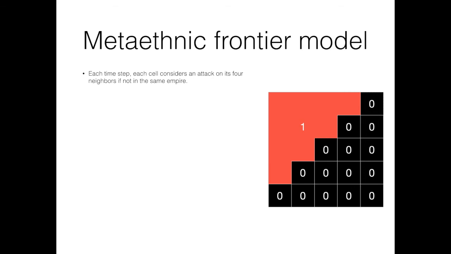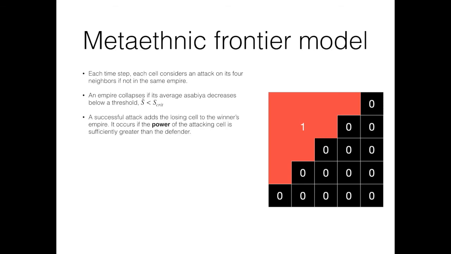A successful attack occurs if the power of the attacking cell is sufficiently greater than the power of the defending cell, if the difference in power is above a threshold. Anyway, okay. Power of a cell is dependent on three factors.